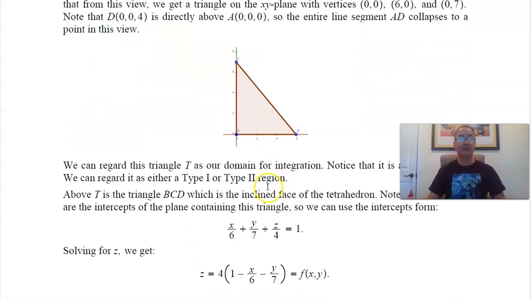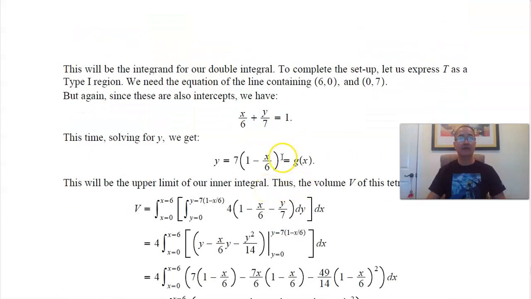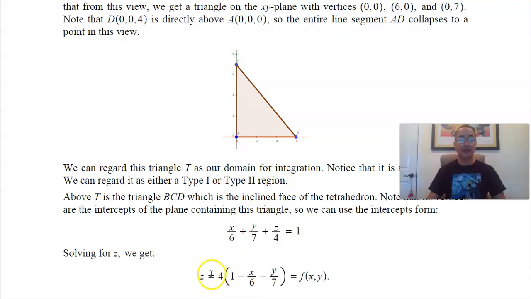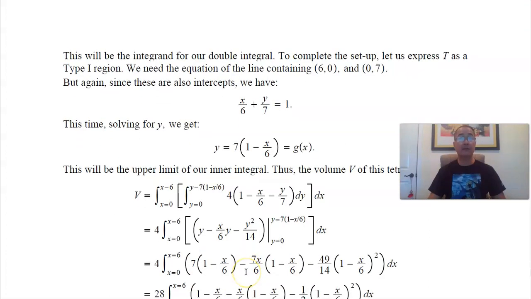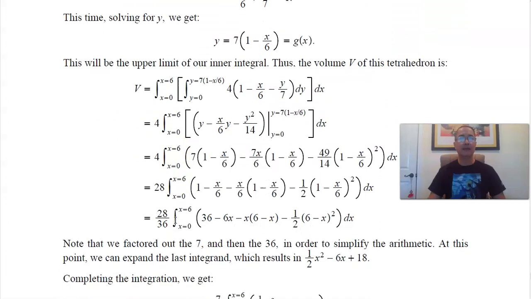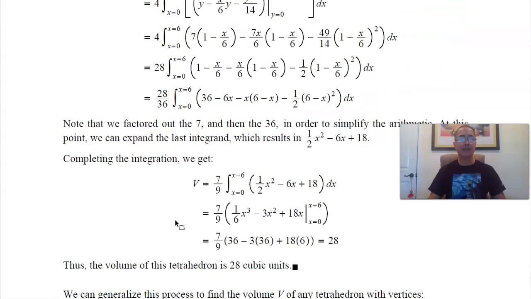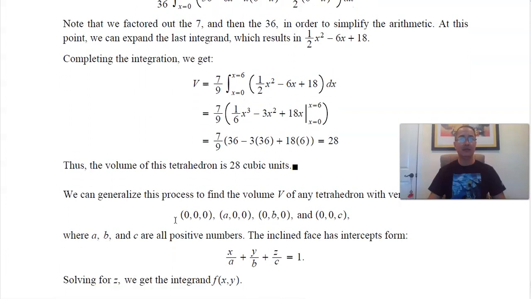You look at the top view, and you solve for the plane containing the 3 non-origin vertices, and solving for z, that's the function that we integrate. And then you do the intercepts form, and that's the upper limit of your integral. So this looks very similar to what we just did. But I'm taking you here because we can, of course, make this general.